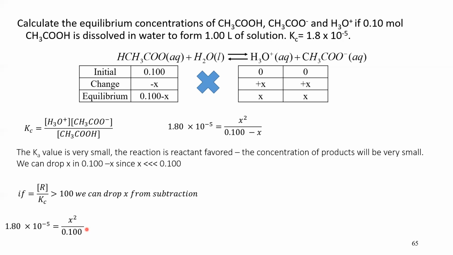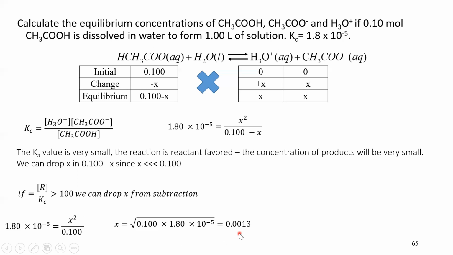So if we want to solve for X, we multiply both sides by 0.100. That'll give us X squared. And then take the square root, that'll give us X. We've eliminated the need to do a quadratic.